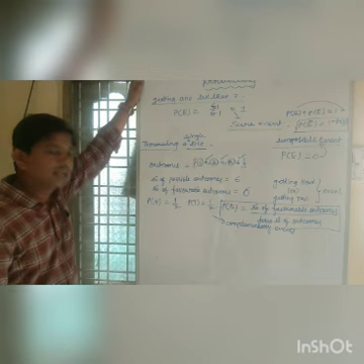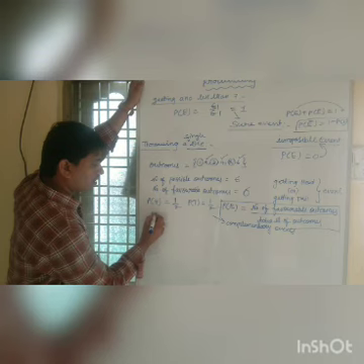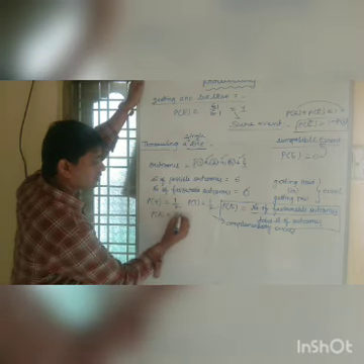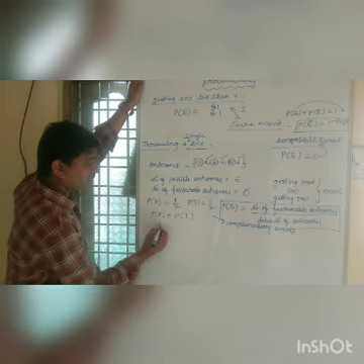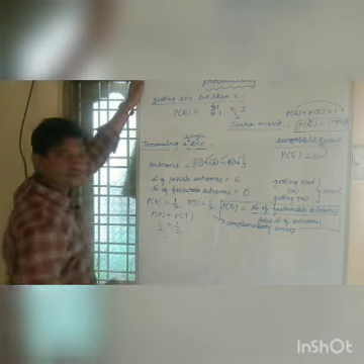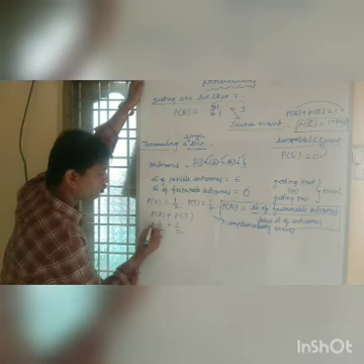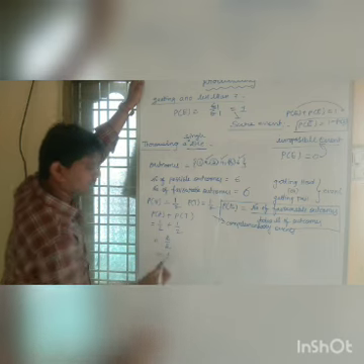Now, what is the sum of all the outcomes? I mean P of H plus P of T. 1 by 2 plus 1 by 2, that is 2 by 2, nothing but 1.